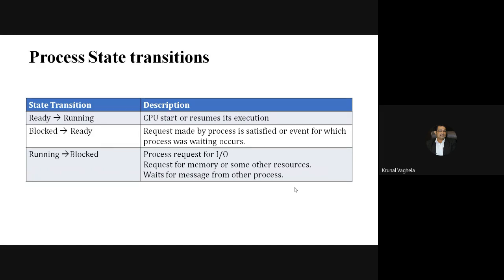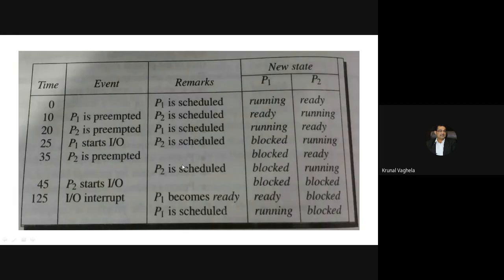So in your examination, it is also asked when the transition ready to running will happen, or block to ready, or running to blocked. So you need to answer all these possibilities, right?